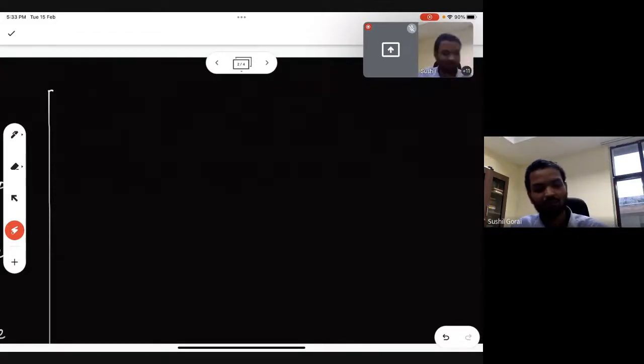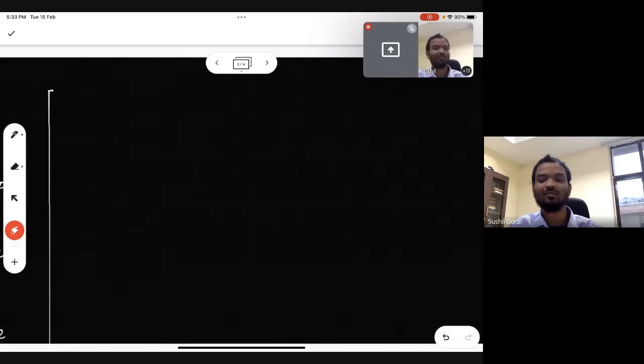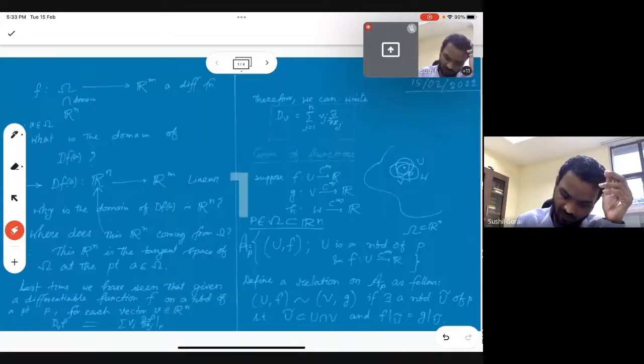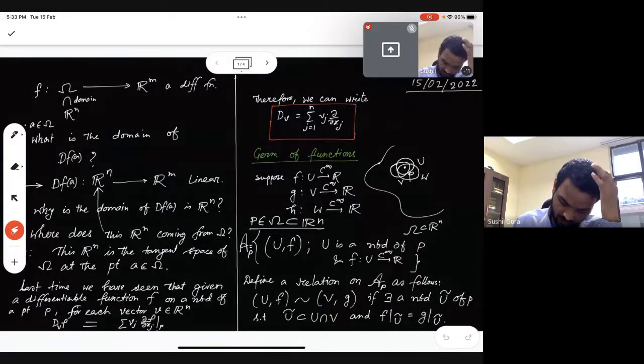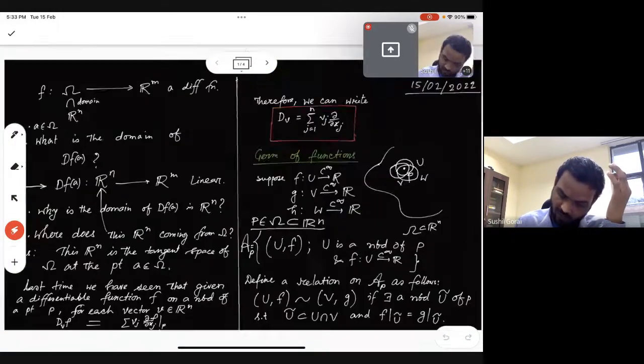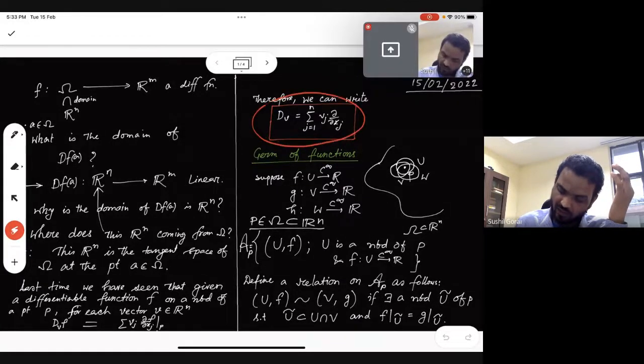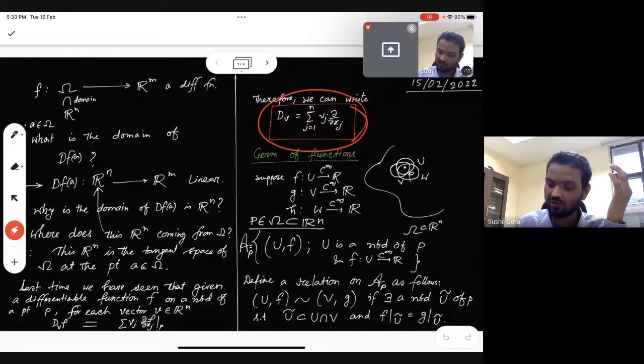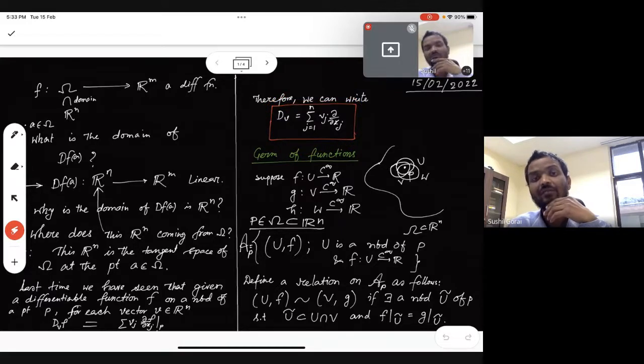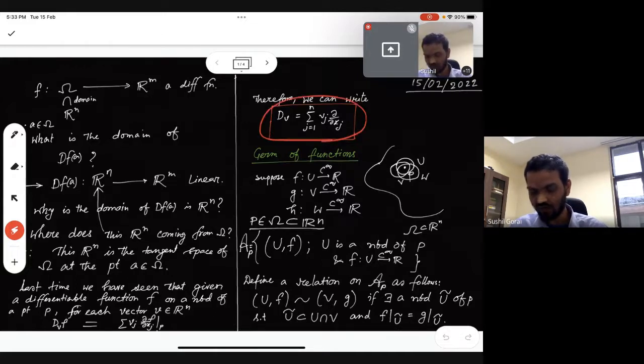Now, why do we need germs of functions? Because corresponding to each V we have certain things like this, and this one acts on C infinity functions, and that is why we look at germs of functions, and this will act over there.